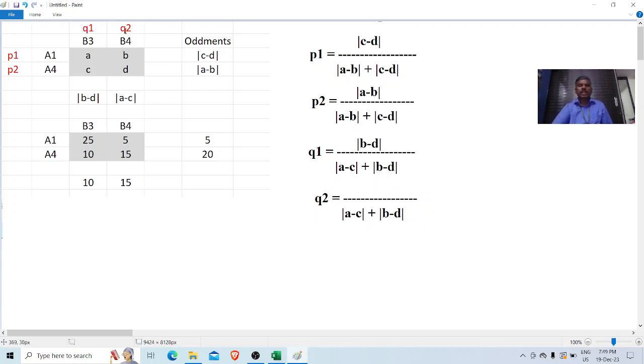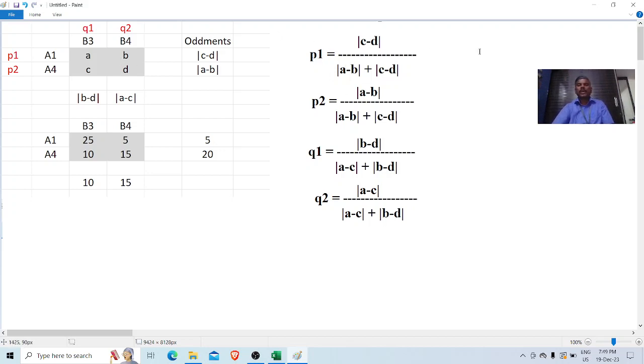We are calculating the value for Q2 and the corresponding value is modulus of A minus C, and that is our numerator. Modulus of A minus C is our numerator.